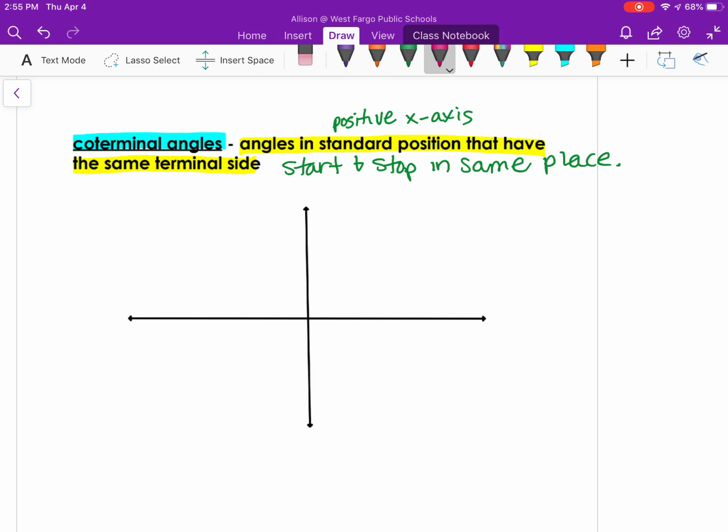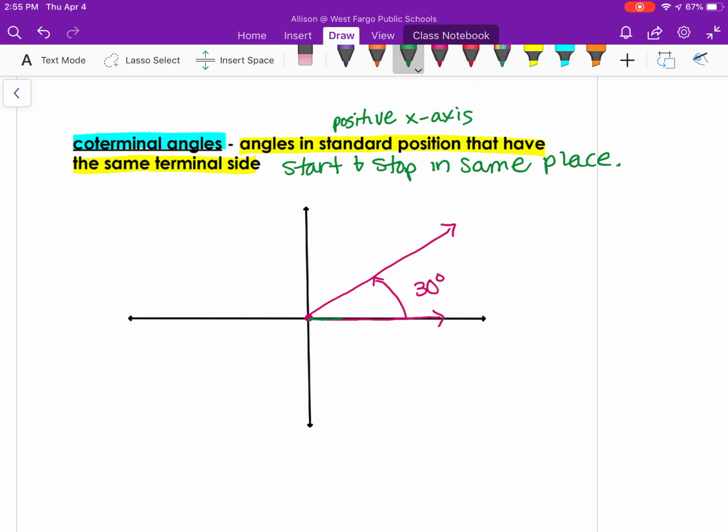Let's say we draw an angle in standard position with initial side the positive x-axis, vertex at 0, 0. I'm going to go positive 30 degrees, so counterclockwise. So my terminal side is right here. So I've drawn a 30-degree angle. Now a coterminal angle would be something that starts in the same spot and ends in the same spot.